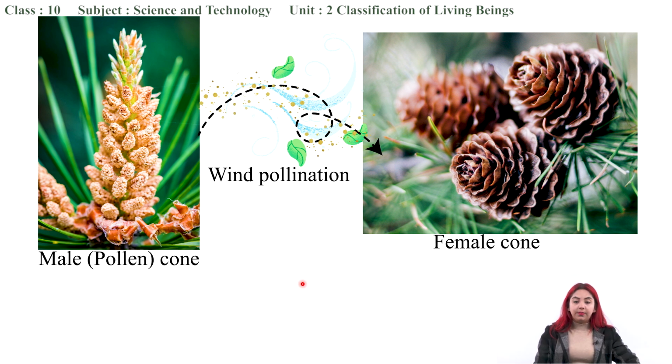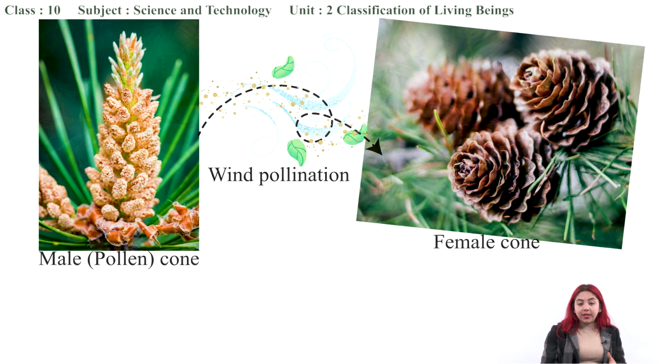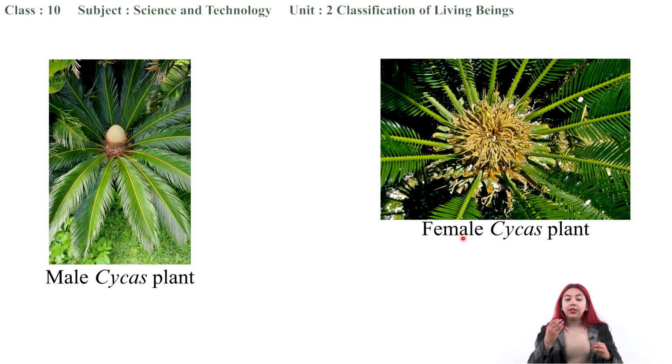Similarly, these cones might be present in a single tree. So one single tree may contain both male and female cones, for example in pinus. But in the case of another species, that is cycas, the male and female plants are different.